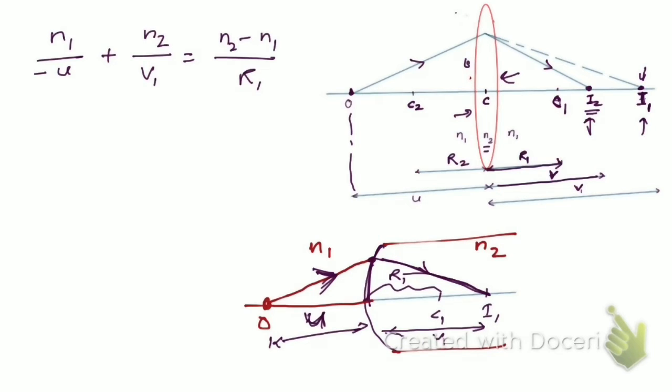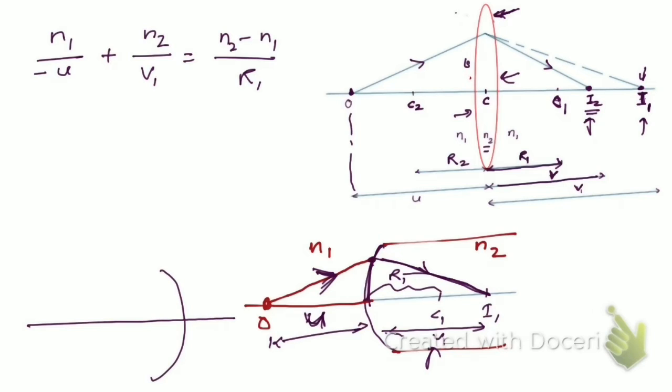Here the image distance is v1, right? Now let us consider the refraction at this second surface. If you consider this surface, the diagram will be like this.